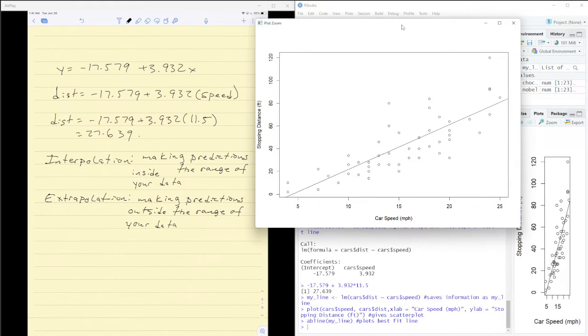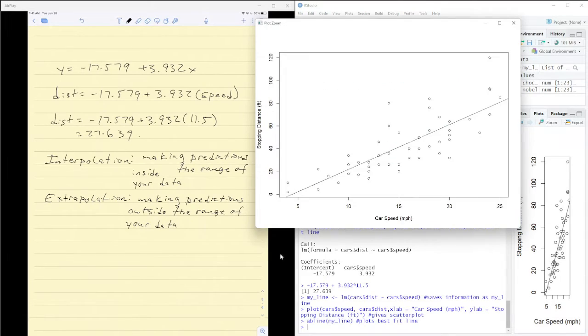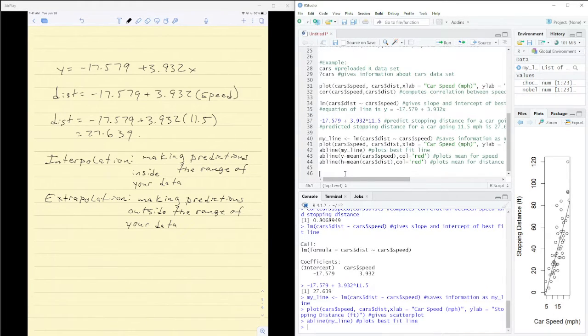Okay. For instance, let's look here. Our data ranges from here to here. So what is that? 2 or 3 to 26? I mean, we can check real quick, right?